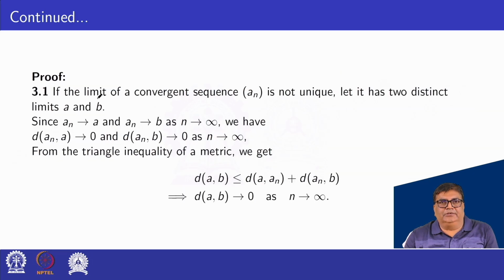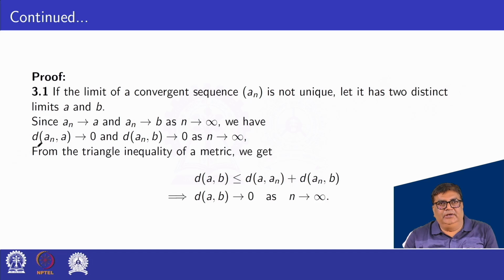Proof: first, if the limit of a convergent sequence a_n is not unique, let it have two distinct limits a and b. That is, a_n tends to a and a_n tends to b as n tends to infinity.